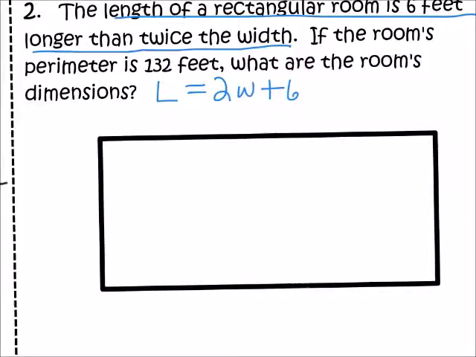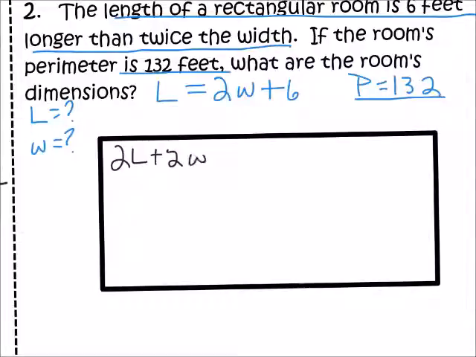2W. If the room's perimeter is, so P is 132 feet, what are the room's dimensions? So we're looking for L, and we're looking for W. We know that P equals 132, and we know that the equation for P is 2L plus 2W equals P, or 132.